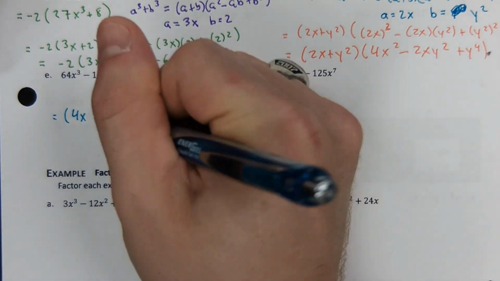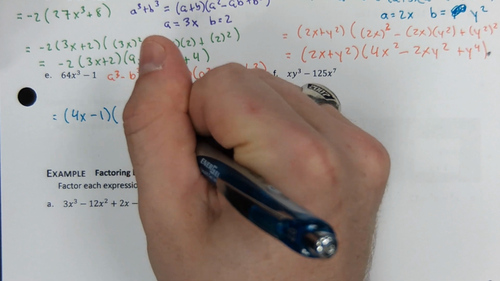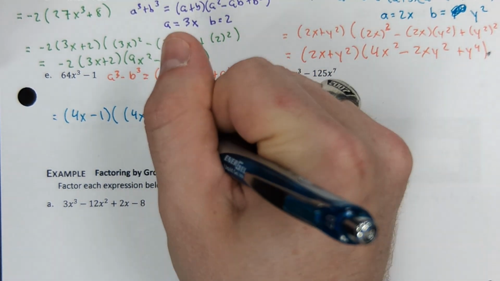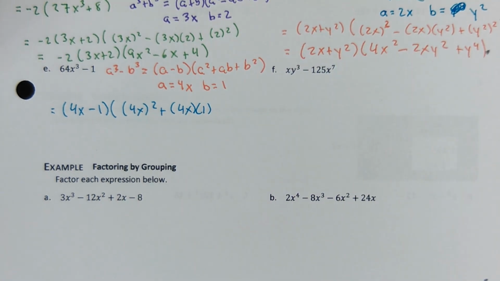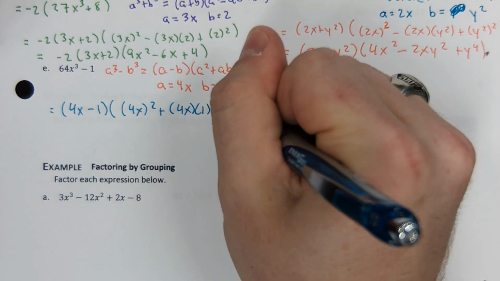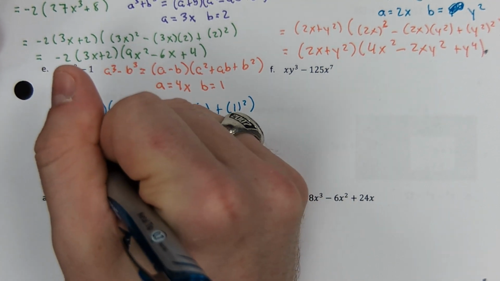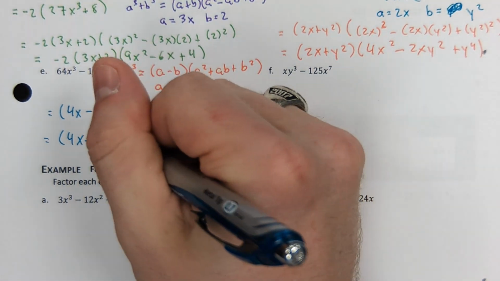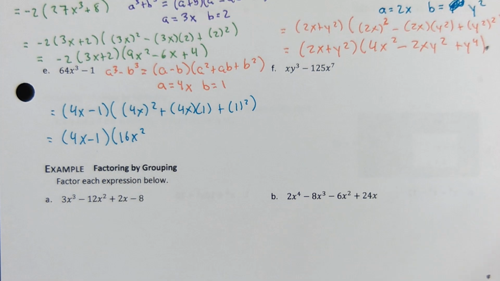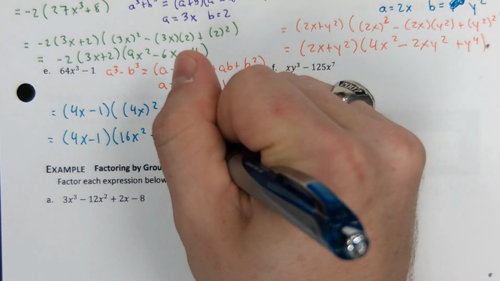A minus b, and then our a quantity squared plus a times b plus b squared. 4x squared means 4x times 4x, which is going to give us 16x squared. 4x times 1 is just 4x, and 1 squared is 1.